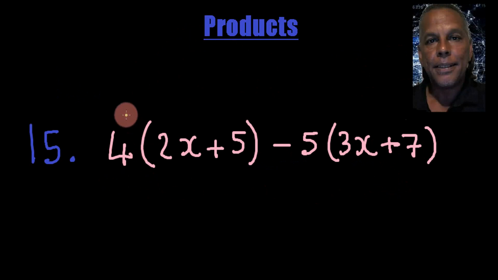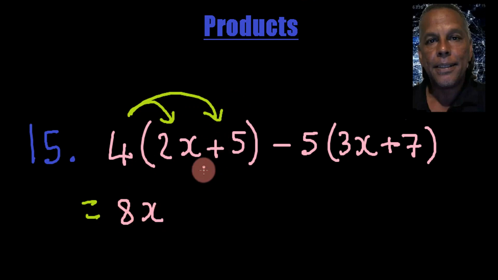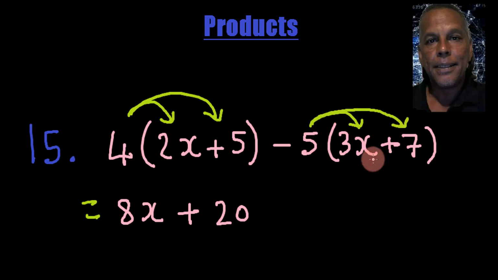We multiply the 4 into the first set of brackets. So 4 times 2x is 8x. Then we have a plus, and 4 times 5 is 20. Now we can multiply the negative 5 into the second set of brackets. So negative 5 times 3x is negative 15x.